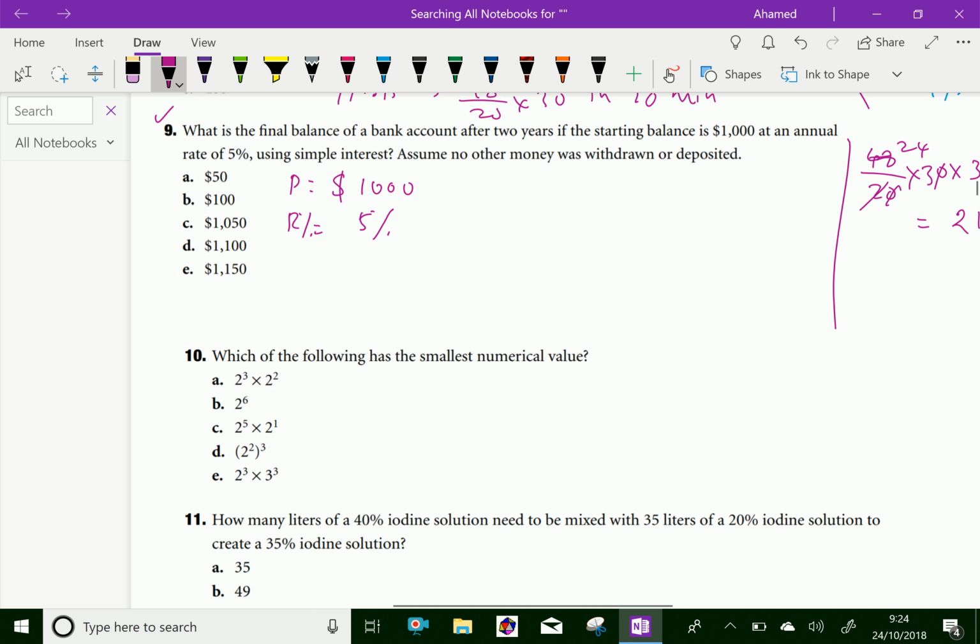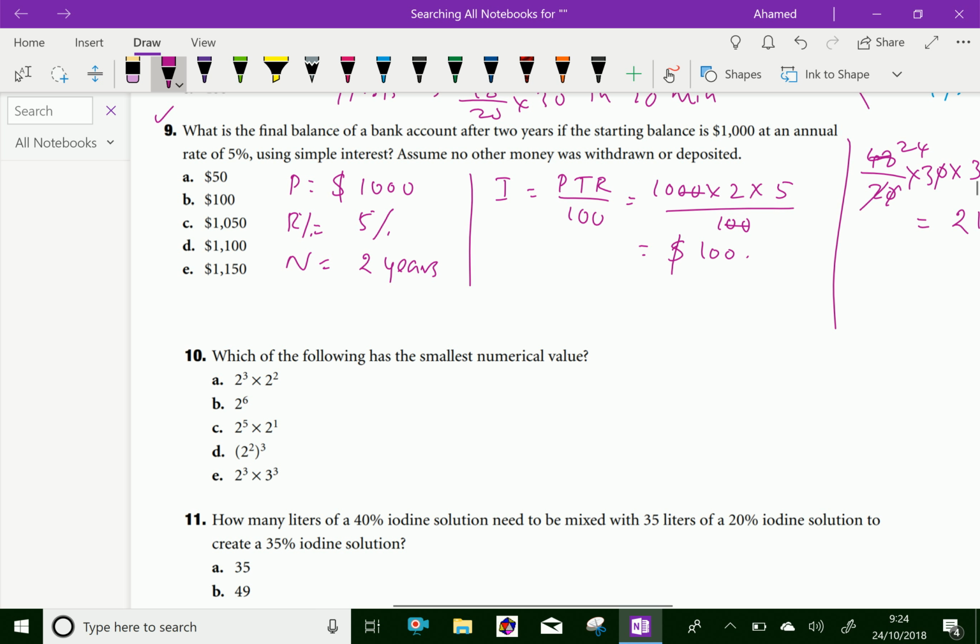The time, that is number of years, N equals 2 years. Therefore simple interest after 2 years on the deposit of 1000 is P N R over 100. P is 1000, time period is 2 years, rate of interest is 5 over 100. So this cancels and it becomes $100. He earns interest of $100.